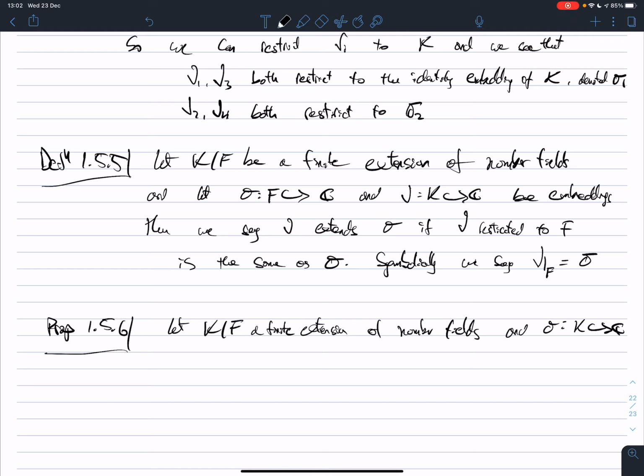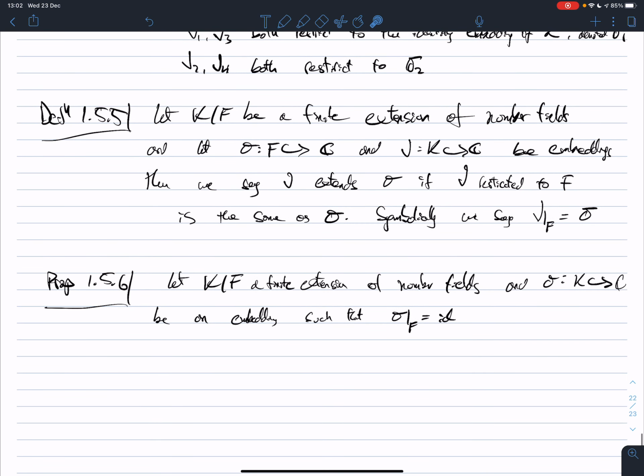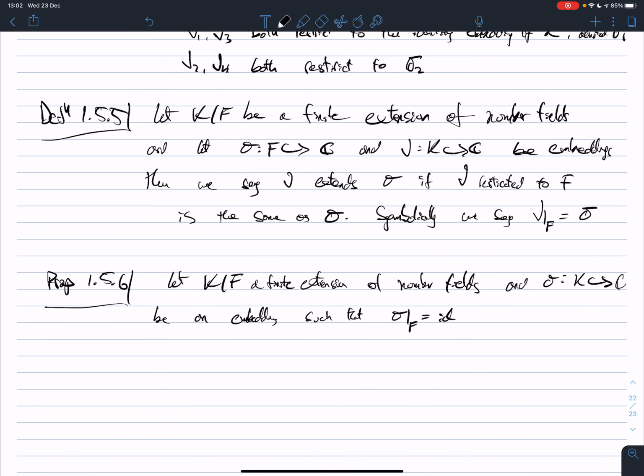Let K over F be an extension of number fields, and sigma from K into C be an embedding such that sigma restricted to F is just the identity. So it's an embedding which just keeps whatever is in F fixed. Here id represents the identity embedding.